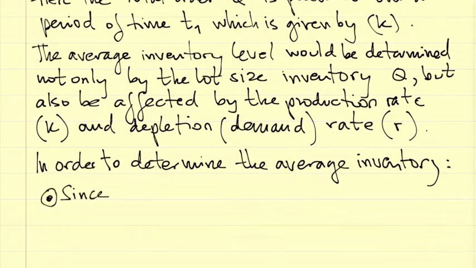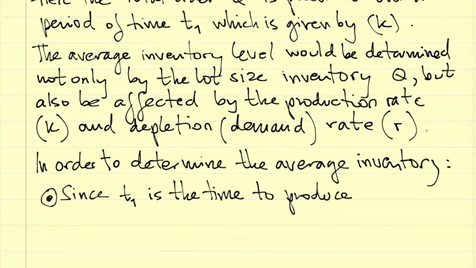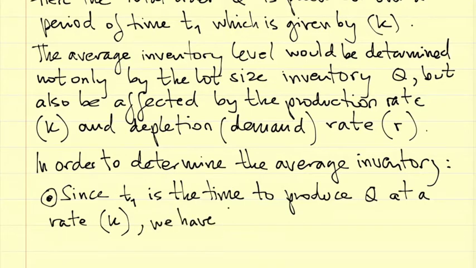Since T1 is the time that it takes to produce Q at a rate K, we have that Q equals K times T1. Okay.